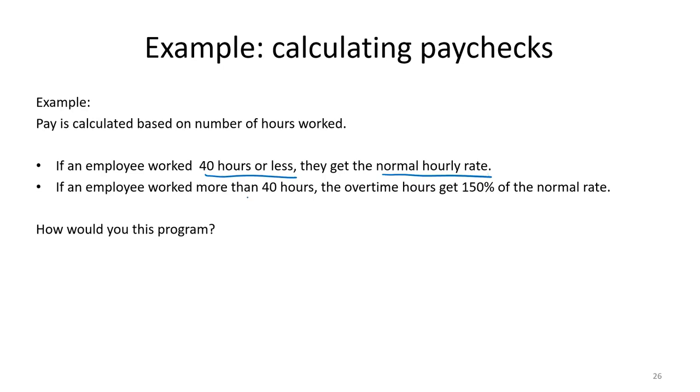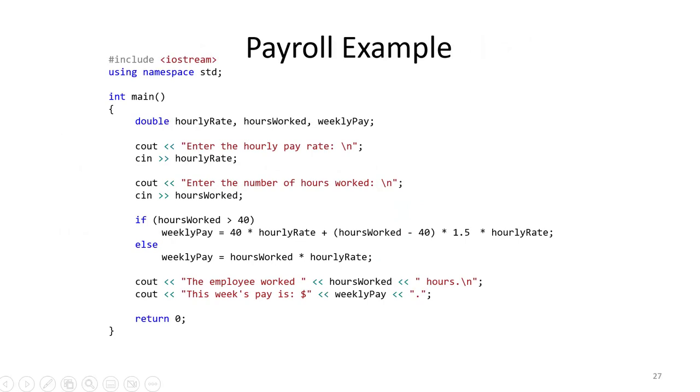If the employee worked more than 40 hours, then the overtime hours, so any hours above the 40, those hours would get 150% of the hourly rate. How would we write this program? Well, let's go ahead and take a look at what this program might look like. Here is an example. Notice we first need to declare our variables.